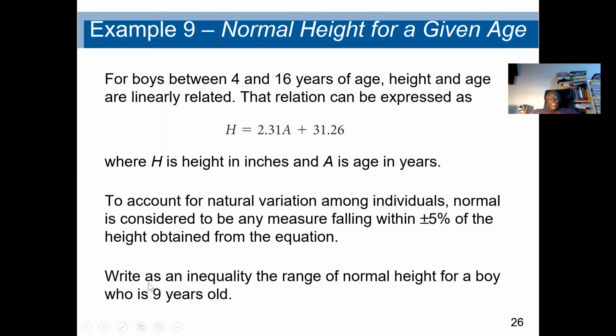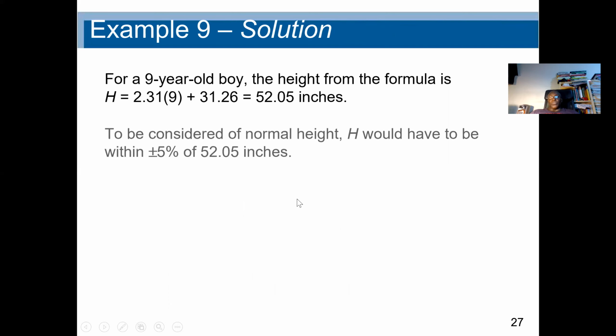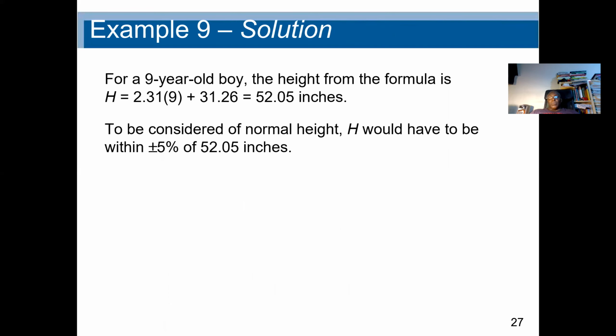So here we are going to write as an inequality the range of normal height for a boy who is 9 years old. For a 9 year old boy, the height from the formula is 2.31 times 9 plus 31.26, so we get 52.05. And there will be a plus or minus 5% margin of error. So we get 52.05 plus or minus 5%.